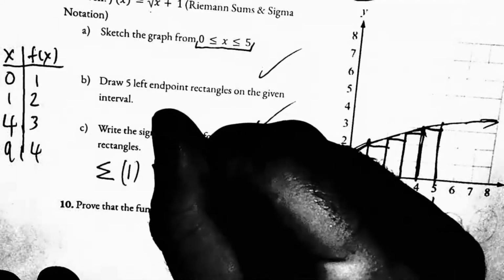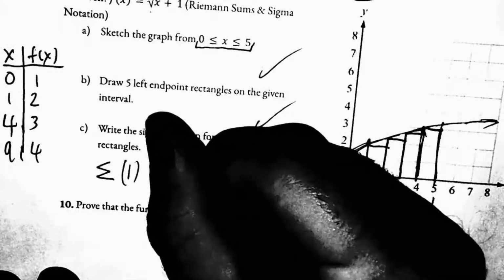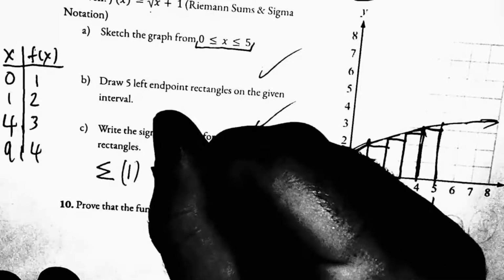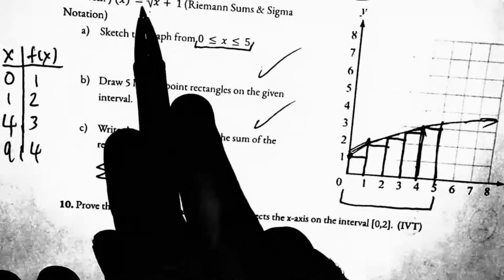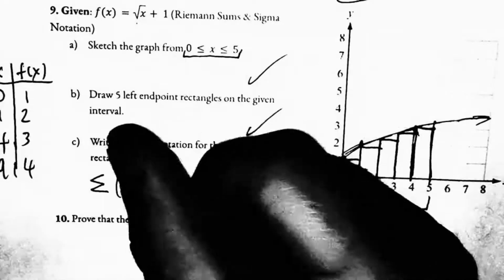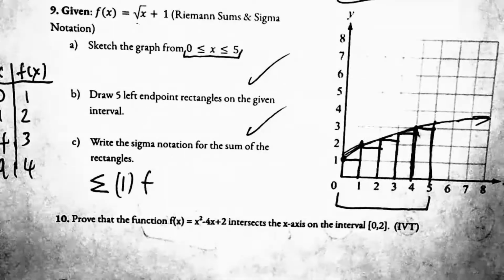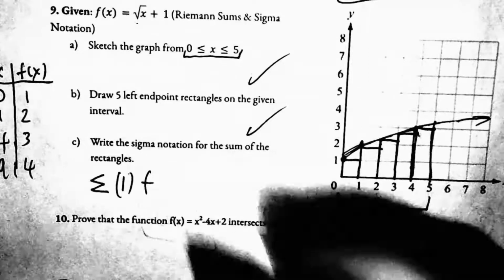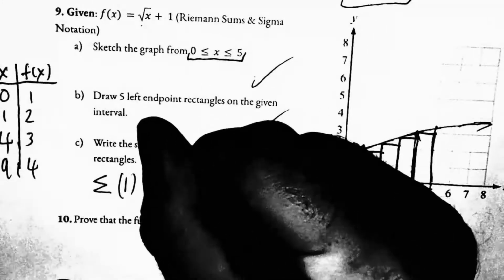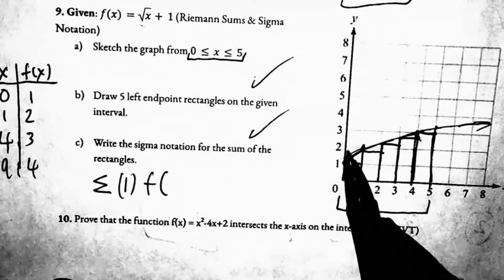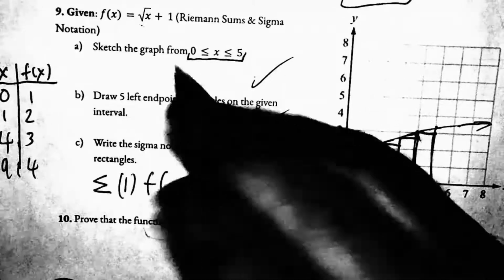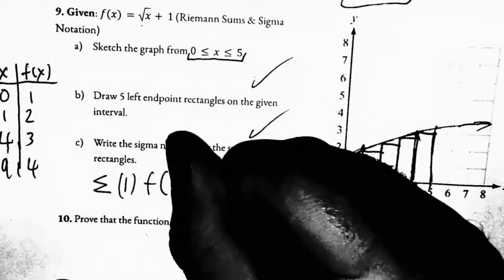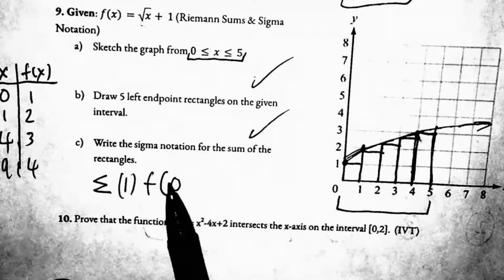And the height is going to be, even though I could write it as square root of x plus 1, I'm just going to write it as f of x. I start at 0, right? Even though I don't need to, let me put a 0 here just to show you that's my starting point.